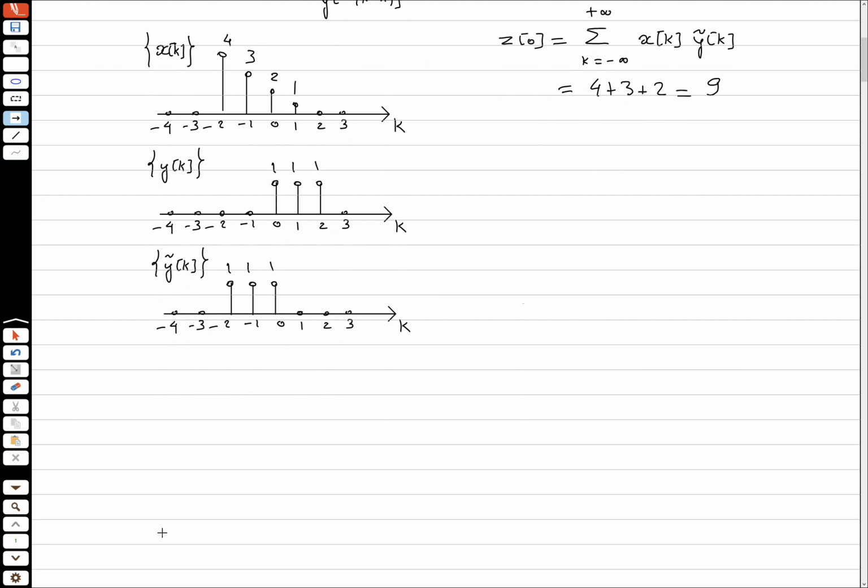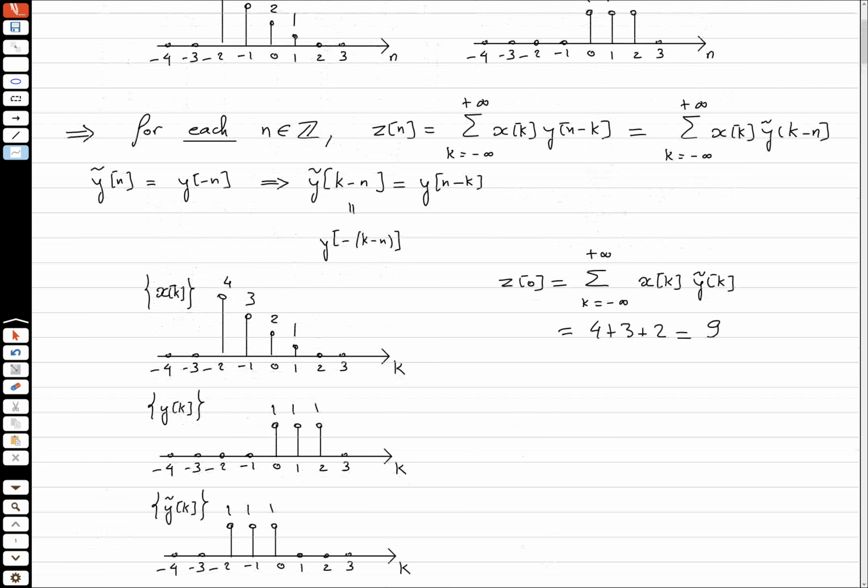You plot it right away. So okay, here I'm going to represent z of n. I want to keep the letter n because this is the letter I'm using here, right?